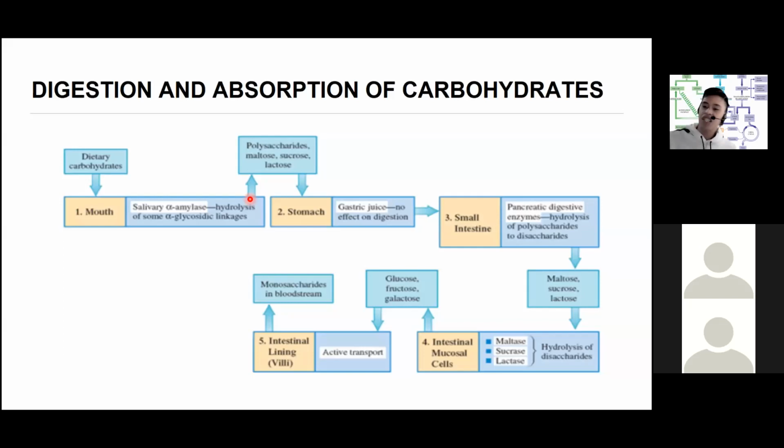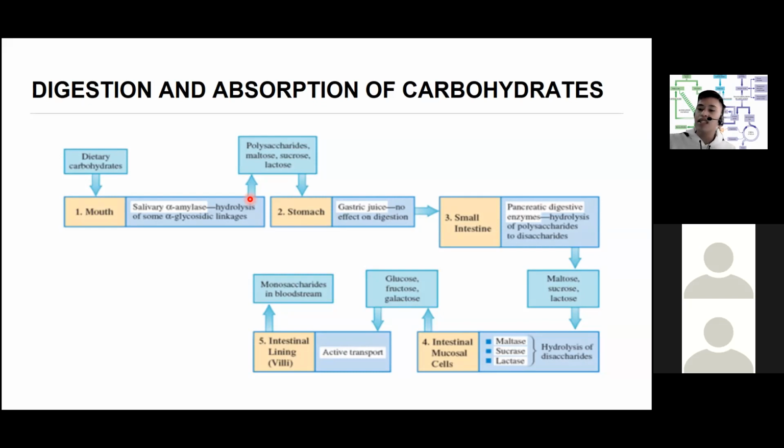Okay, so let's begin now with carbohydrates. Stage 1 always begins with digestion. Again, digestion occurs in the digestive system. Here, I am showing you the different stages of the digestion of carbohydrates. Digestion of carbohydrates, class, always begins in the mouth.